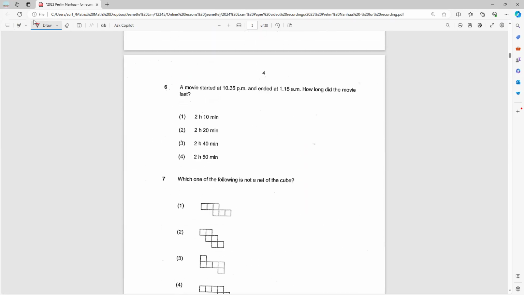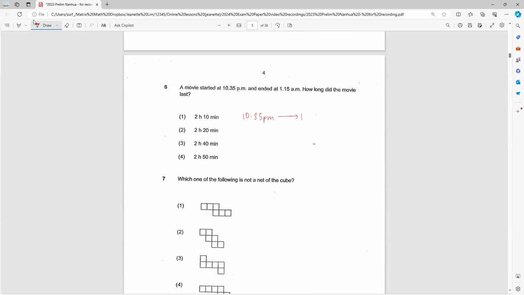Question 6. A movie started at 10:35 p.m. and ended at 1:15 a.m. How long did the movie last? Okay, so we're going to do a timeline.